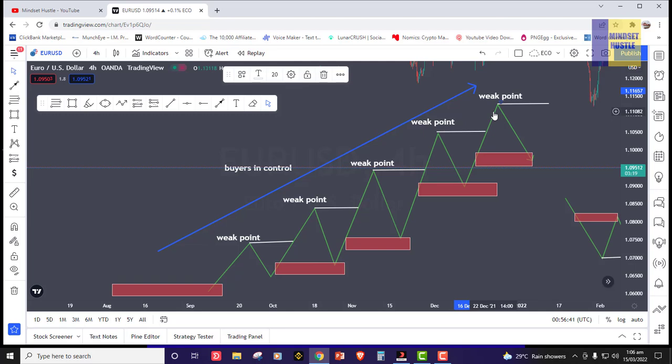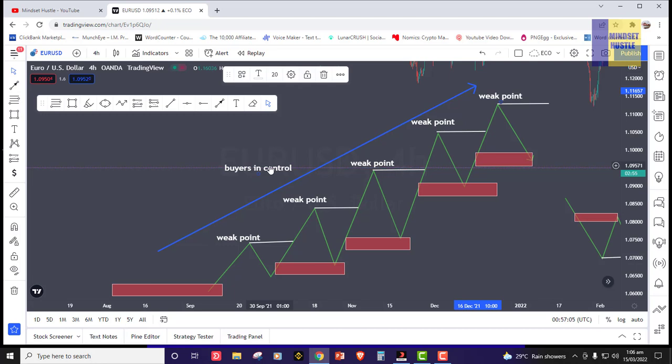So we keep respecting the demand and we keep breaking the high structural levels in an uptrend. When this is happening, we say demand is in control, or buyers are in control, for simplicity's sake.